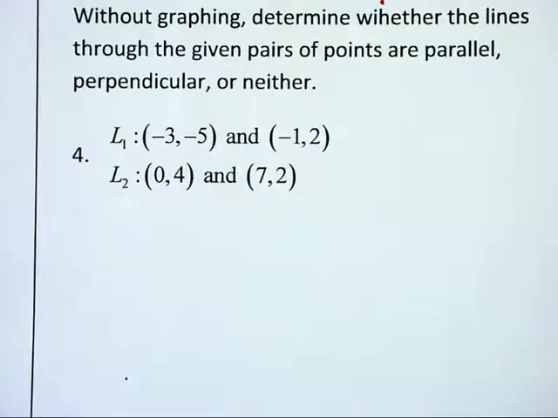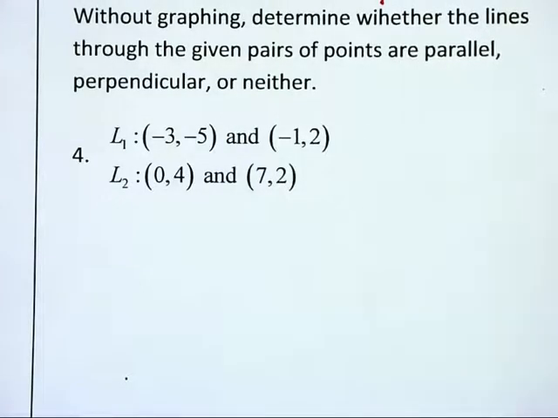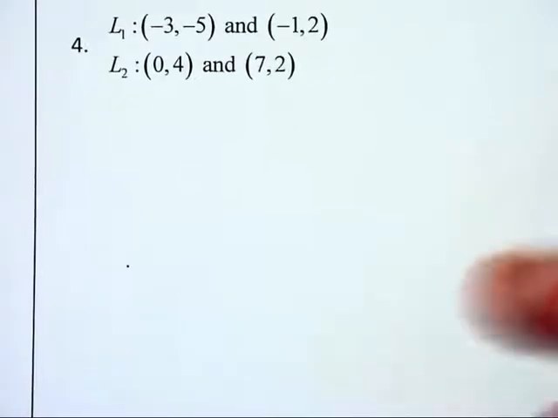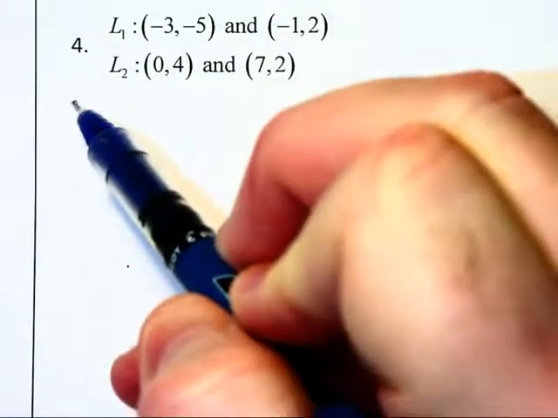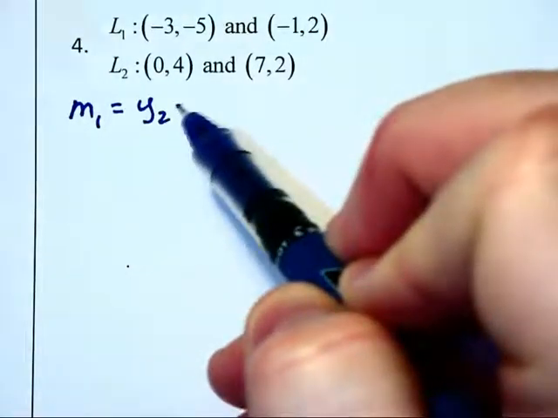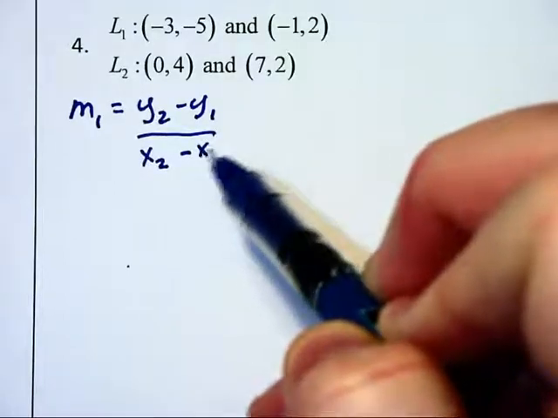Now we are given two lines described not in a graph form, but as two sets of points here, and we want to determine whether the lines through each pair of points are parallel, perpendicular, or neither. We want to start with the slope formula. So for line 1, I'll call this m1, it will be y sub 2 minus y sub 1 divided by x sub 2 minus x sub 1.